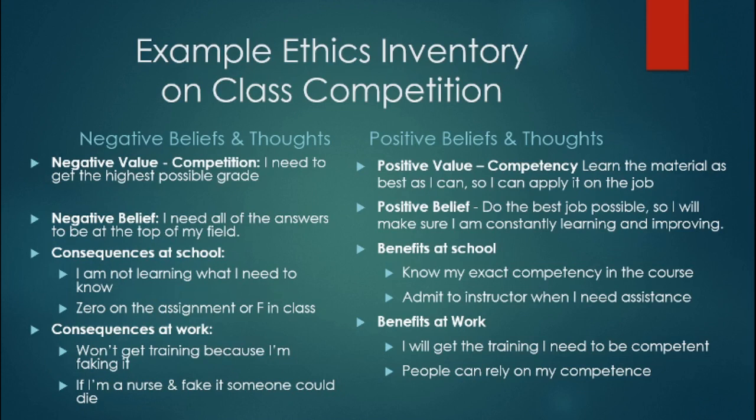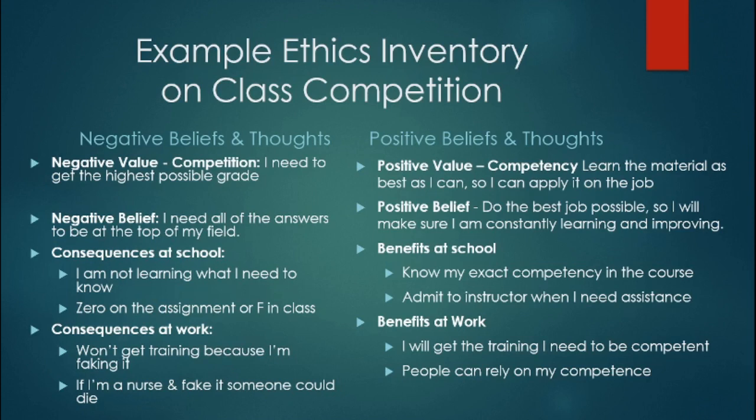The benefits at school for having academic honesty skills is that I'll know my exact competency in the course if I am actually doing the work myself. Second of all is I can admit to the instructor when I need assistance. Benefits at work, I will get the training I need to be competent, and people can rely on my competence.